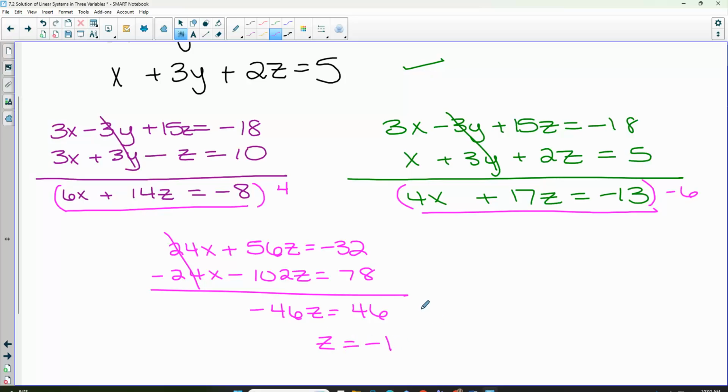And I get my z to be -4. Once I have z, I can start plugging it back in. So if I just put it in right here, and get my x to be 1.